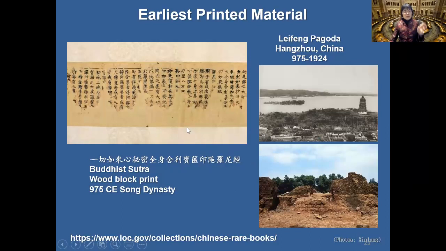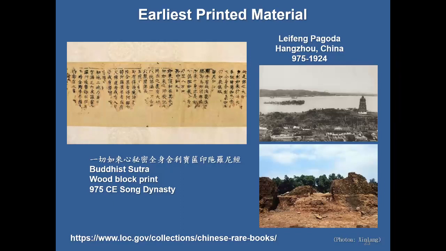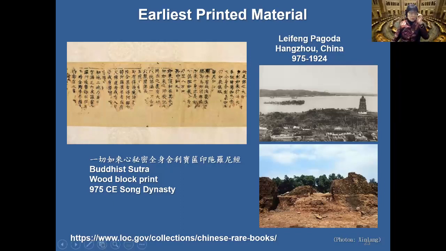So this particular sutra became the earliest printed material in the Library of Congress collection. Did you get it? Did I make it clear? Okay. So if you're interested in the Chinese rare book collection, you can just Google it. They will tell you more about that.